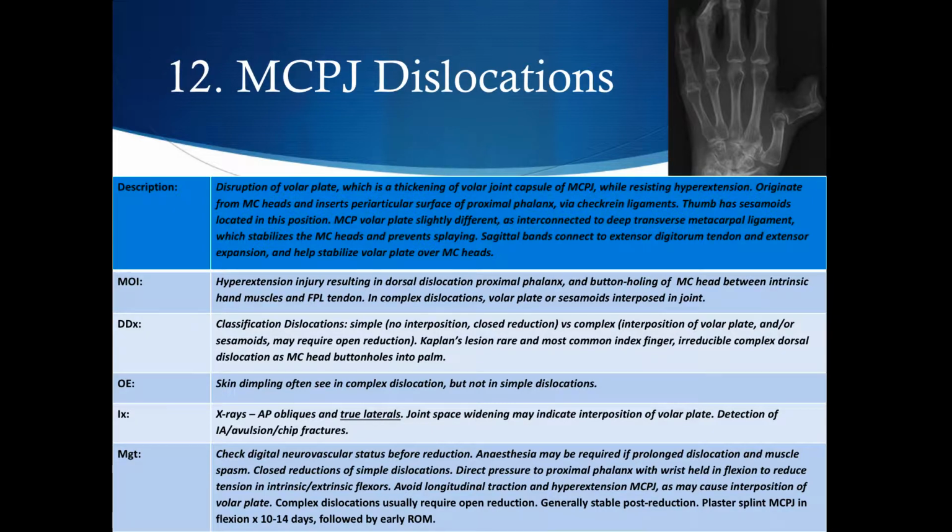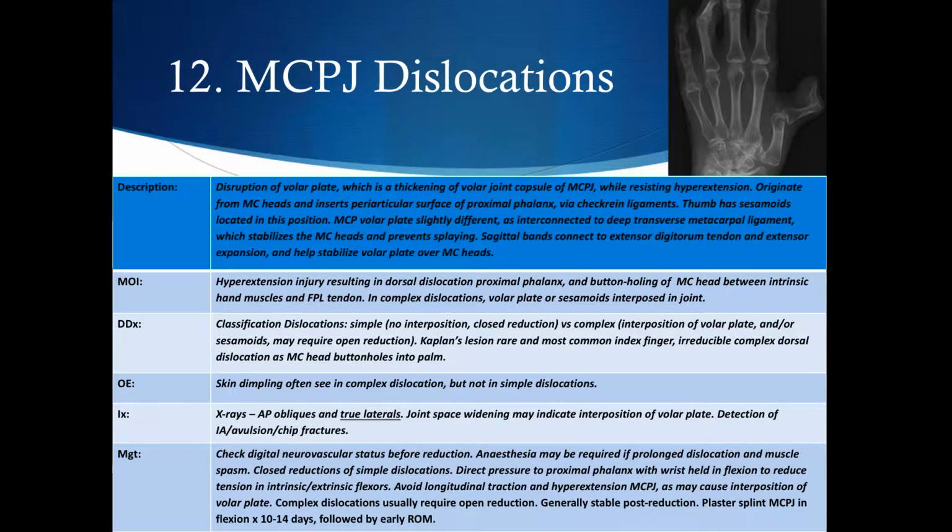The reduction of the metacarpal phalangeal joint dislocations is different than the PIP joint dislocations. Direct pressure is applied to the proximal phalanx with the wrist held in flexion to reduce tension in the intrinsic and extrinsic flexors.